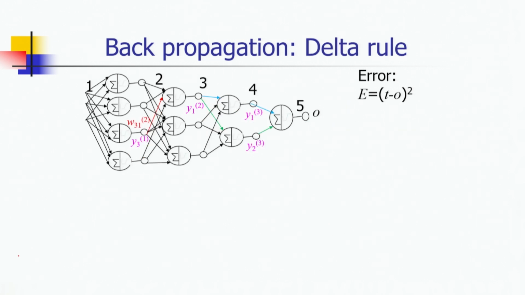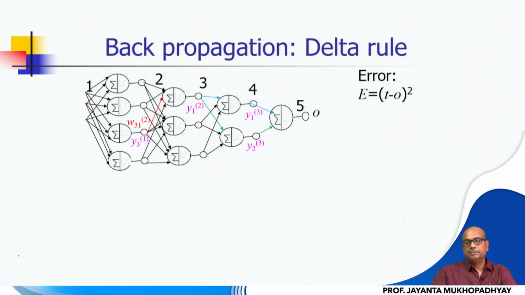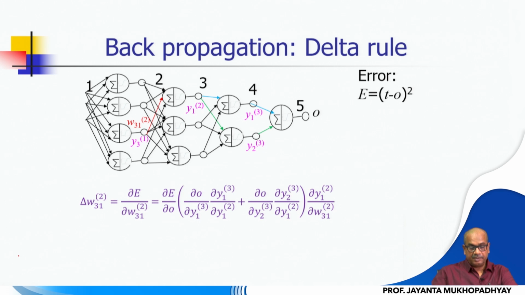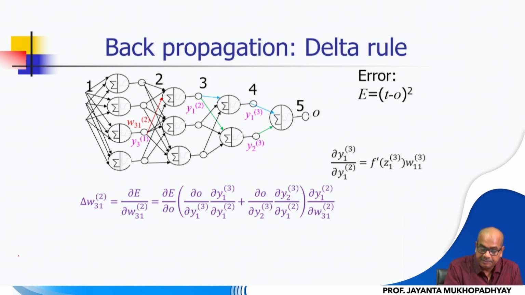There is a rule called the delta rule, which considers accumulation of the derivative. Suppose you want to compute the derivative of error with respect to this at this point, and you have already computed the derivatives in the previous layer.